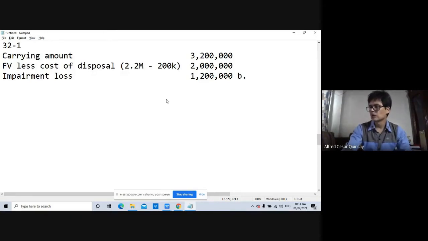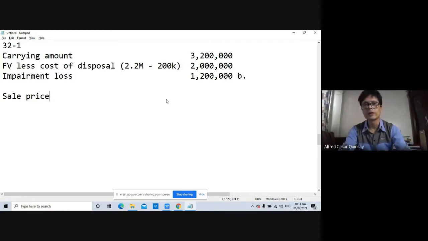Para naman total yung pinag-uusapan natin, yung held for sale. So sagutan na rin natin just for the sake of it. So sale price, magkano yung sale price niya? The selling price is 1,850,000. Now, magkano yung carrying amount niya as of December 31, 2020?